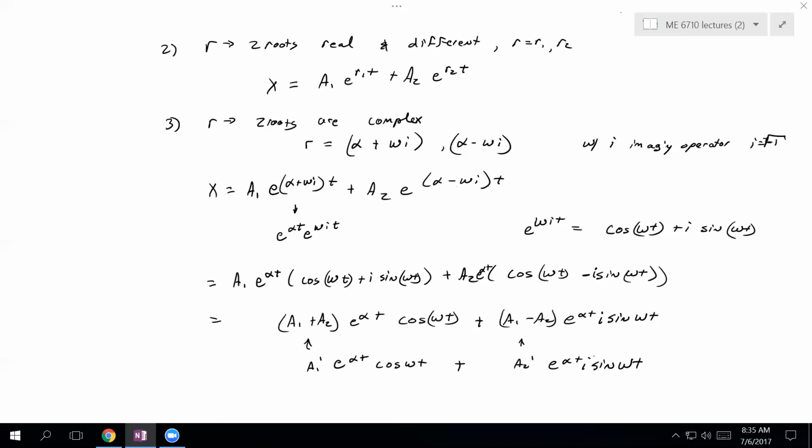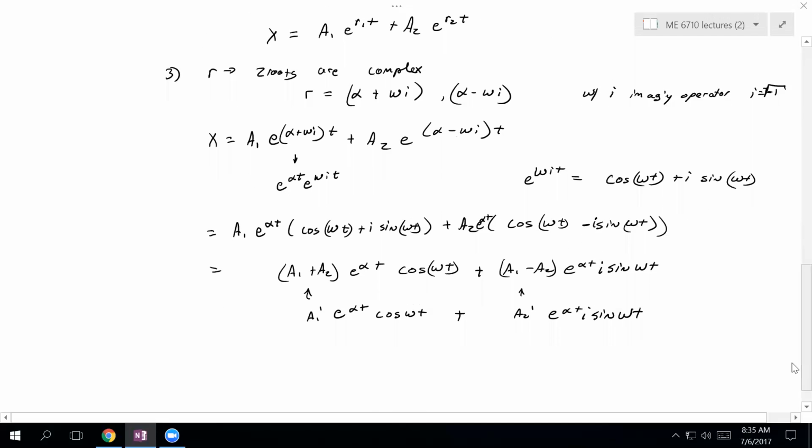And then I'm going to do one more step. These are typical steps we use in trig, or kinematics, we do them.